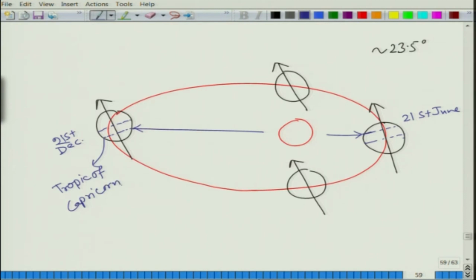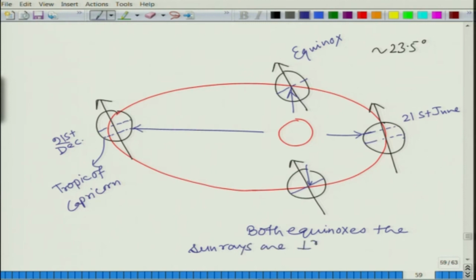Okay. And for the equinoxes, the rays are actually falling directly onto this equatorial plane. So, for both the equinoxes, the sun rays are perpendicular to the equatorial line itself.